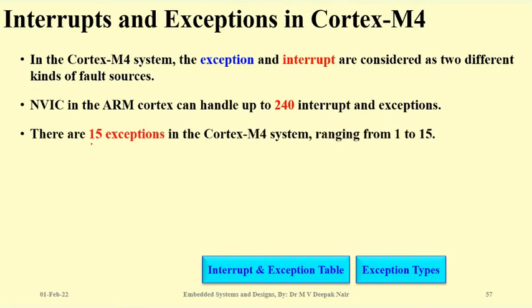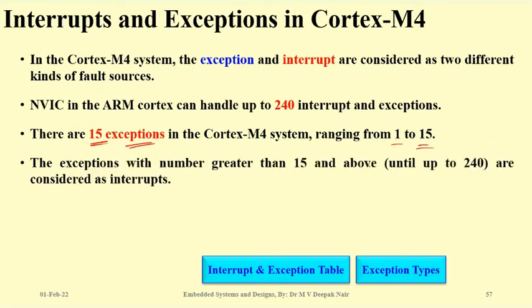There are 15 types of exceptions, ranging from 1 to 15. I talked to you about this also. Exceptions with numbers greater than 15, up to 240, are considered interrupts. So 16, 17, 18, 19, 20, up to 240 are interrupts.